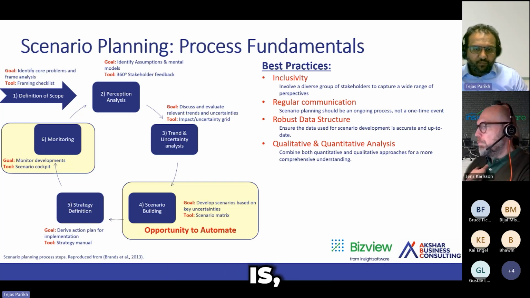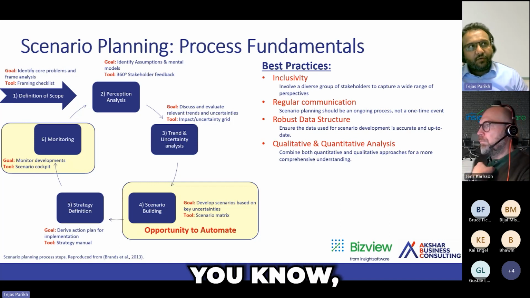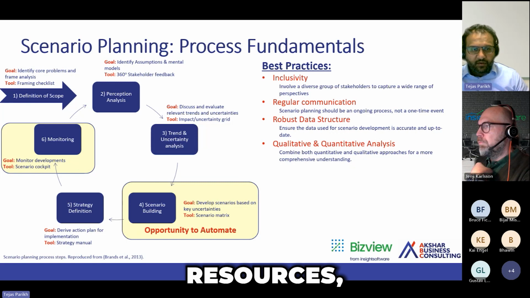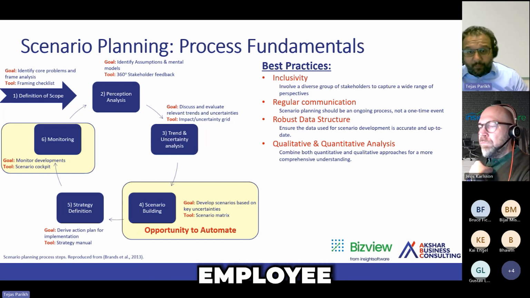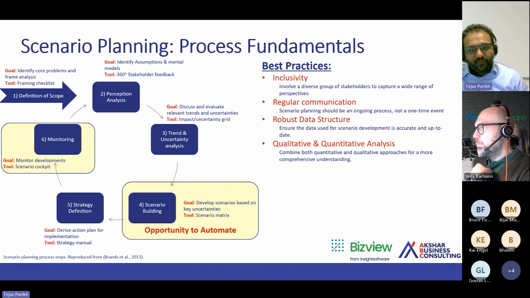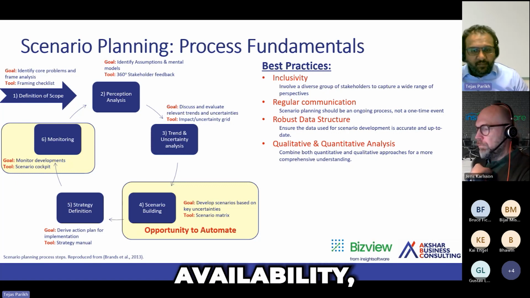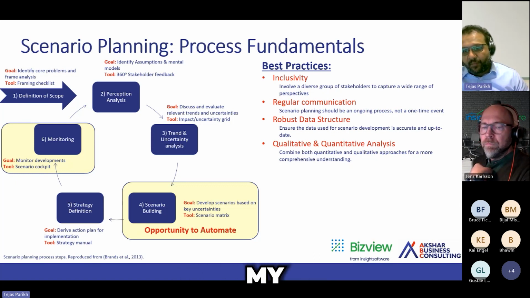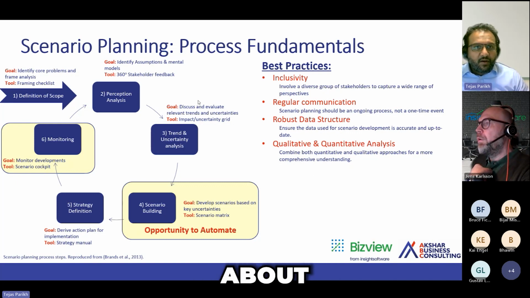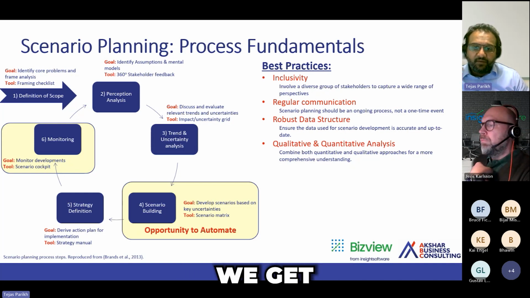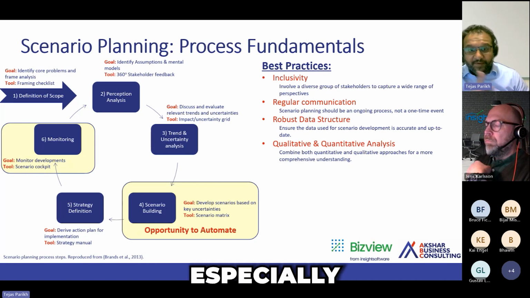And then qualitative as well as quantitative analysis. Yes, you want to look at the numbers and the financial impact of it, but also at the same time, the stress on resources, employee morale, things like that. There are qualitative elements as well: employee skill set, readiness, people's availability. When I did my projects with Dixons Carphone, it was about making sure that we have the right skilled people especially during Christmas time, right?